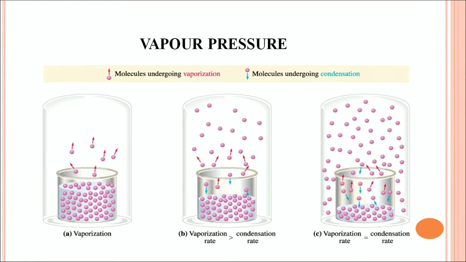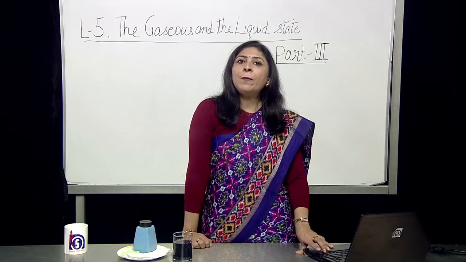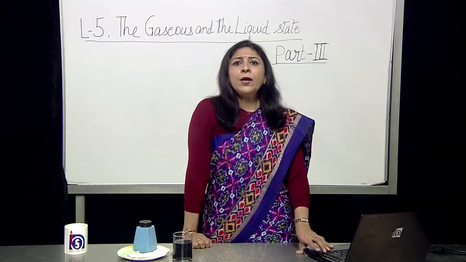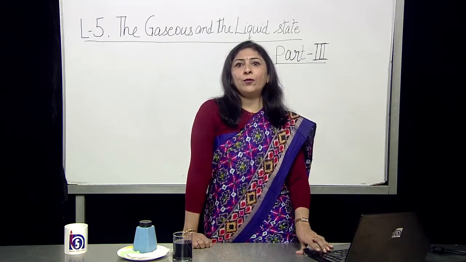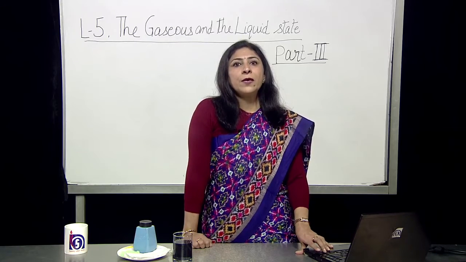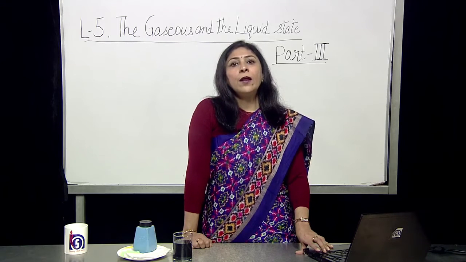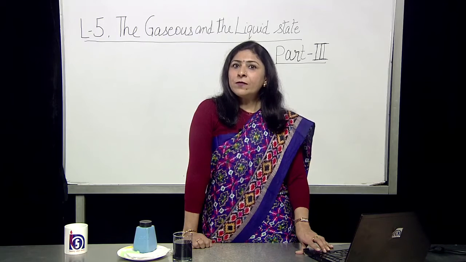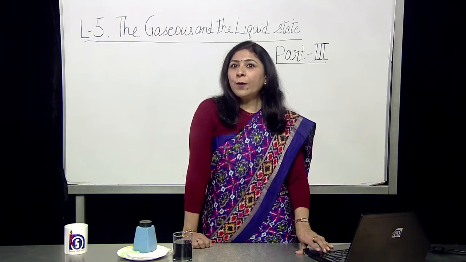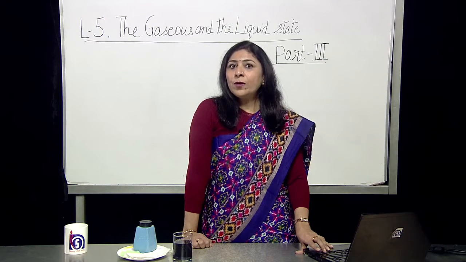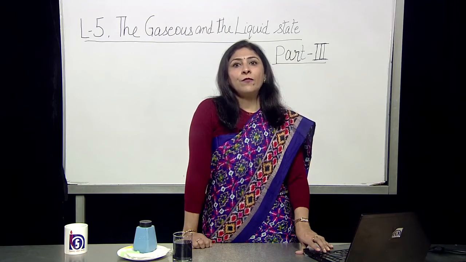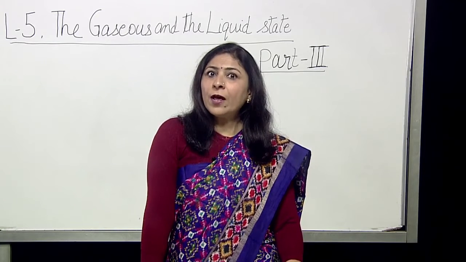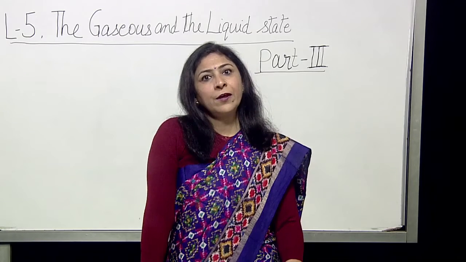So this is how the vapors apply pressure; this is the vapor pressure. But as more and more molecules accumulate in the space above the liquid, the rate of condensation gradually increases. After some time, the rate of evaporation becomes equal to the rate of condensation, and an equilibrium state is reached.